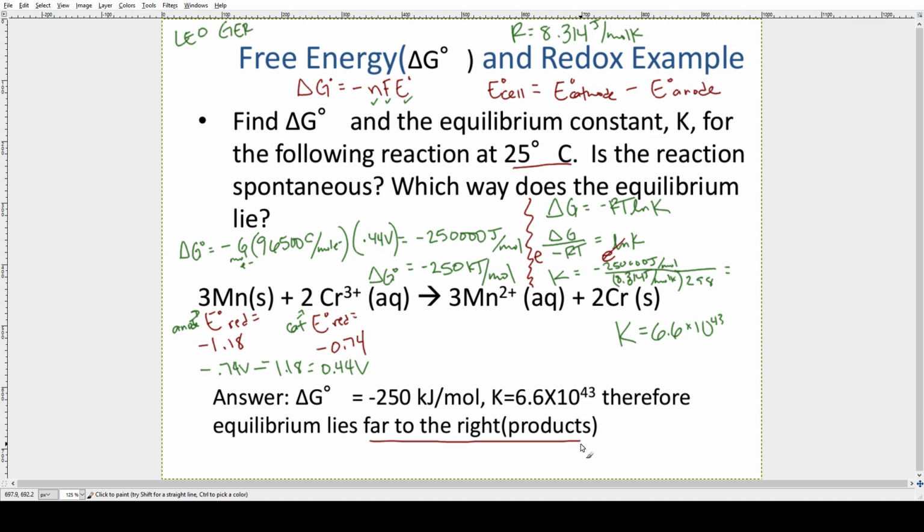Now, let's figure out if it's spontaneous. I need to look at my delta G for that. My delta G is negative, which means it is spontaneous. So negative delta G equals spontaneous. And large K means equilibrium lies far to the right, lots of products. Okay, moving right along.